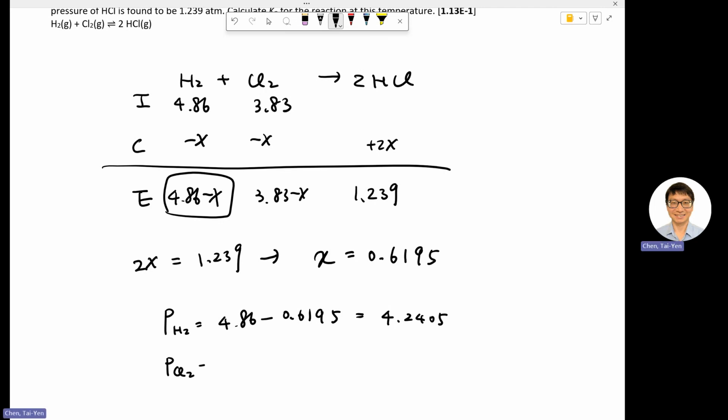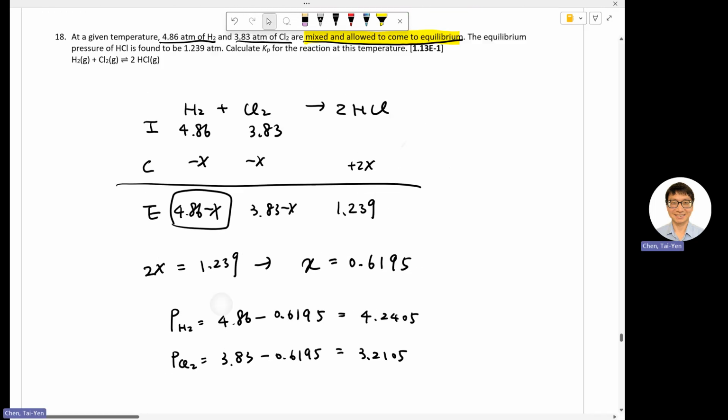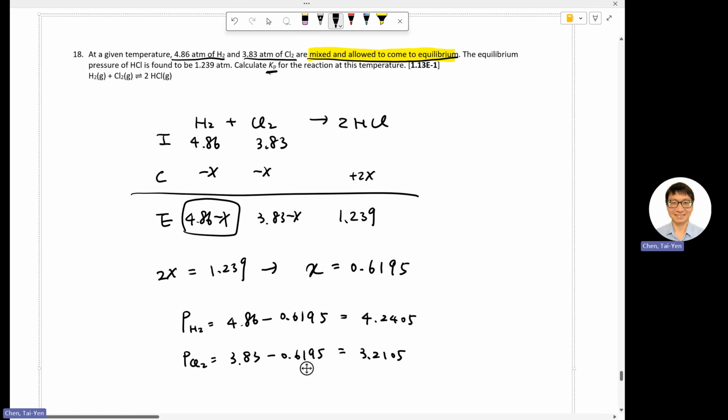The pressure of your CO2 will equal 3.83 minus 0.6195, which is going to have a value of 3.2105. The question is actually asking for the Kp, right?